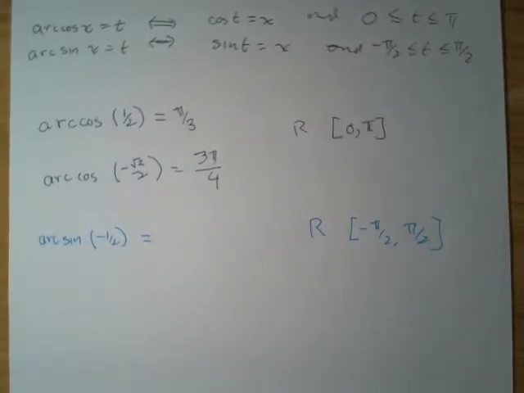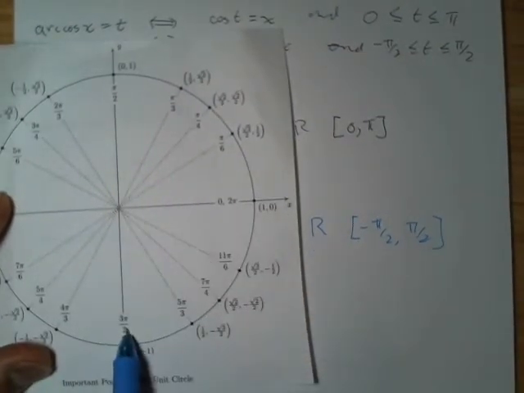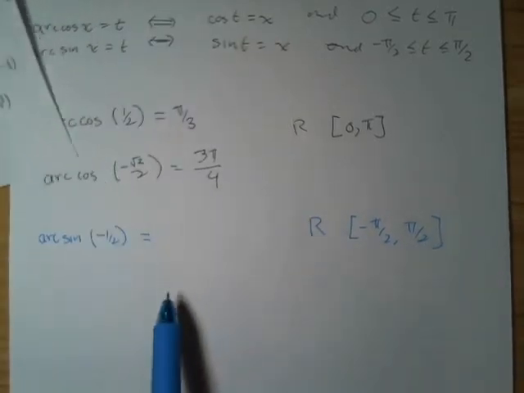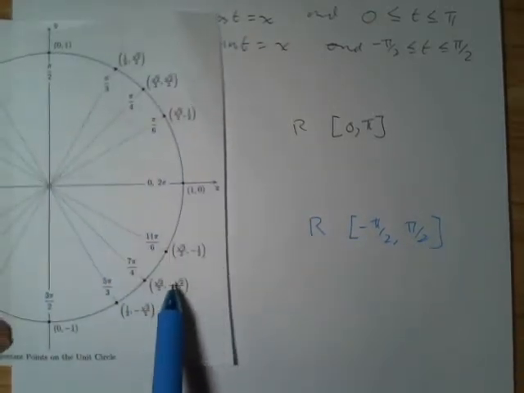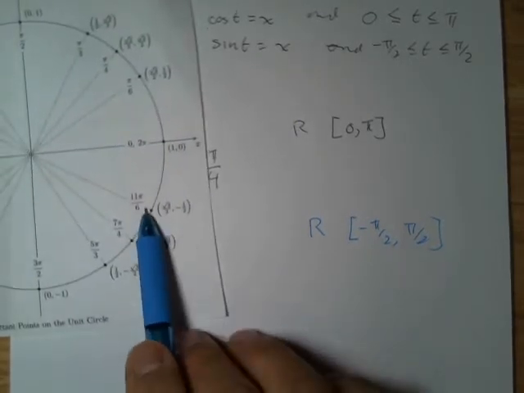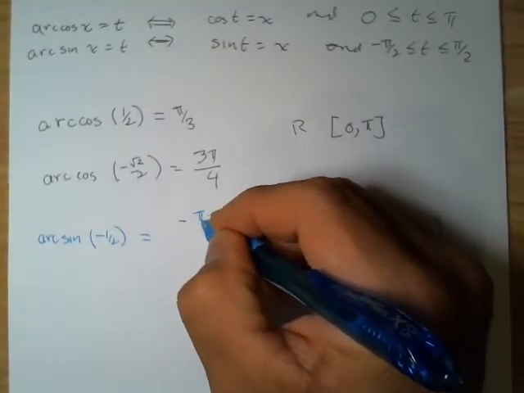So that's a quadrant 1 or quadrant 4 angle. Sine is negative in quadrant 4. So negative 1/2 corresponds to, remember we're going in the negative direction, negative pi over 6.